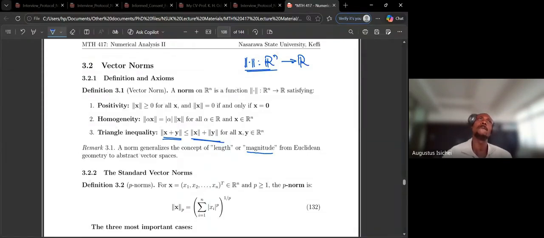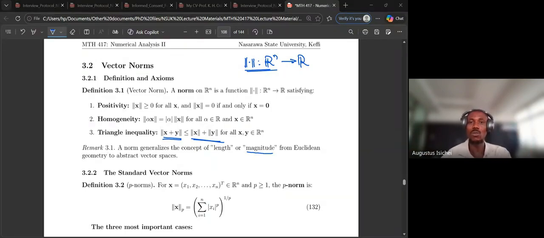Okay, no, in topology. No, metric, not norms. I think you have learned metric from your linear algebra or vectors. So this same concept of norm is taken from your topology or linear algebra into this numerical analysis, from Euclidean geometry to abstract vector spaces, like I said.